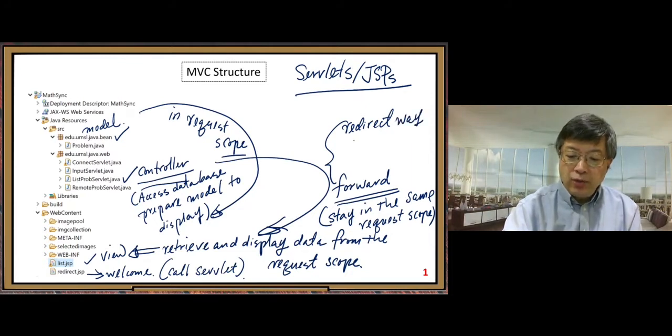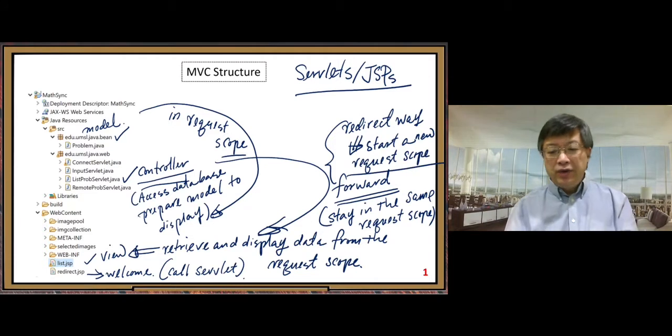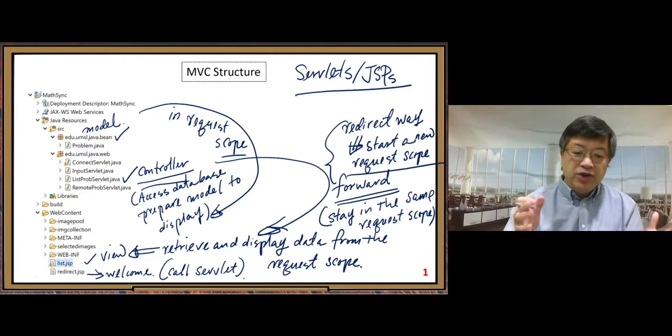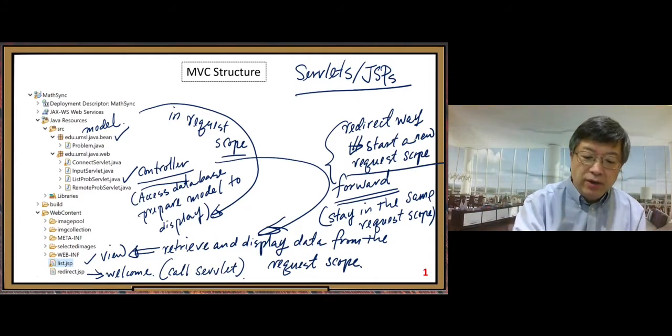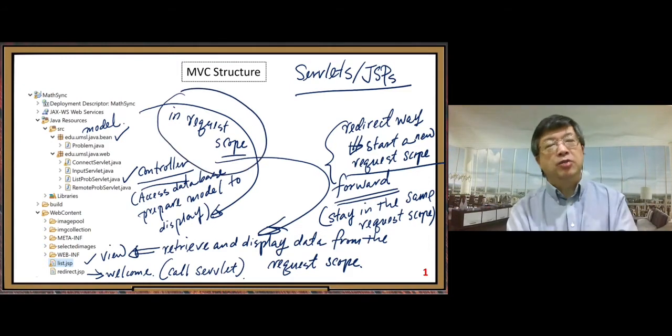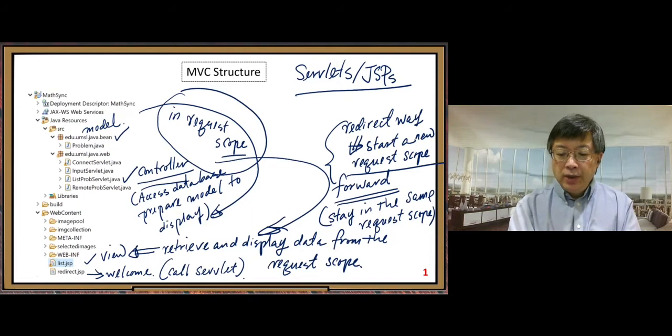If we use the redirect way, we will start a new request scope. We don't want to start a new request scope, because if we do, the data in the previous request scope disappears.